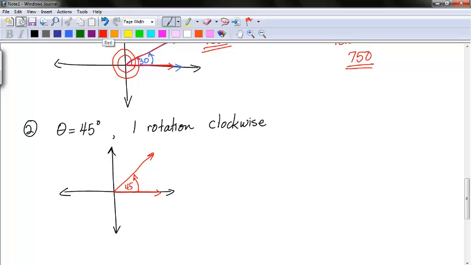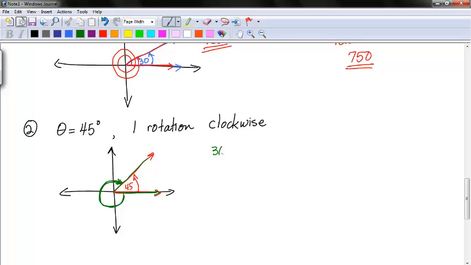Now, the difference on this is that you don't go all the way around. You're going to start in standard position, here. Clockwise, you're going down, and then you go until you meet that terminal side. So now you have to figure out what this angle is.